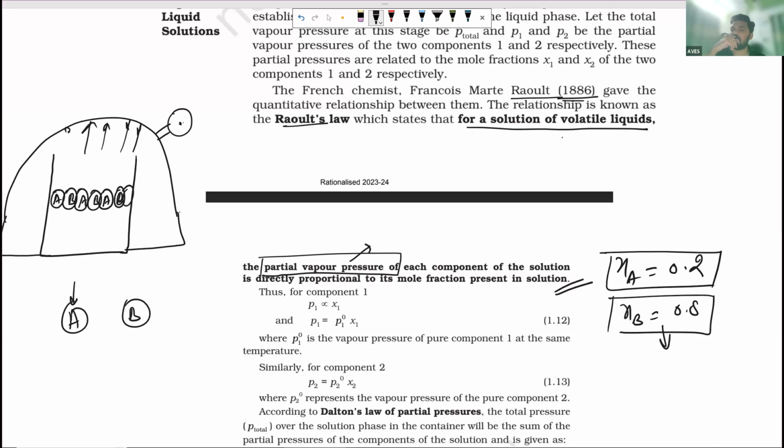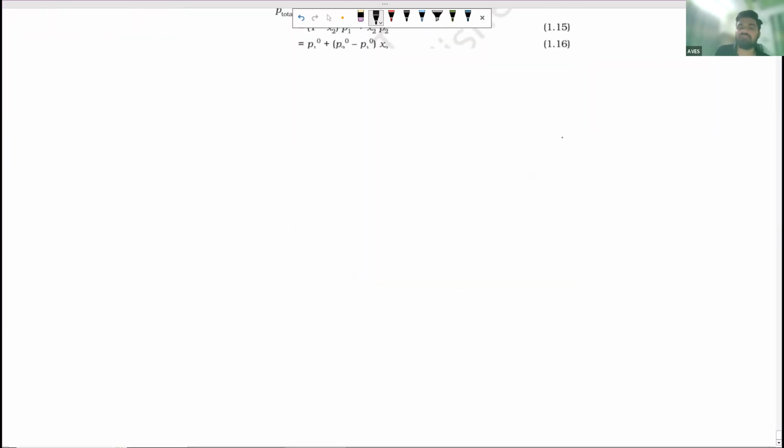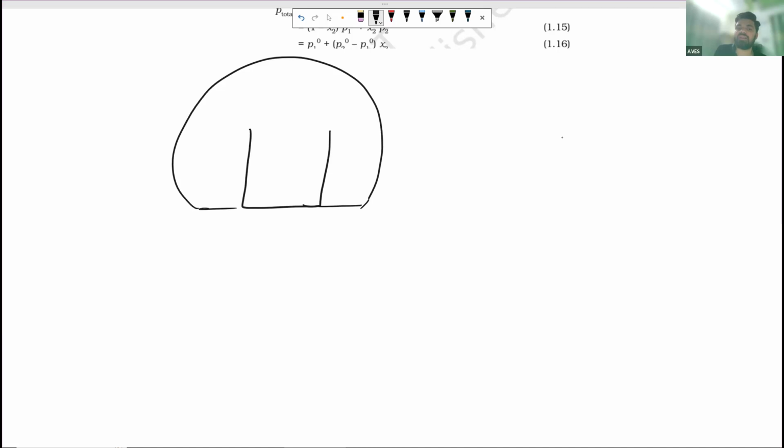In simple words, if you have two liquids and they are evaporating simultaneously, then the pressure exerted by both of them on the wall of the container is directly proportional to the mole fractions in the liquids.